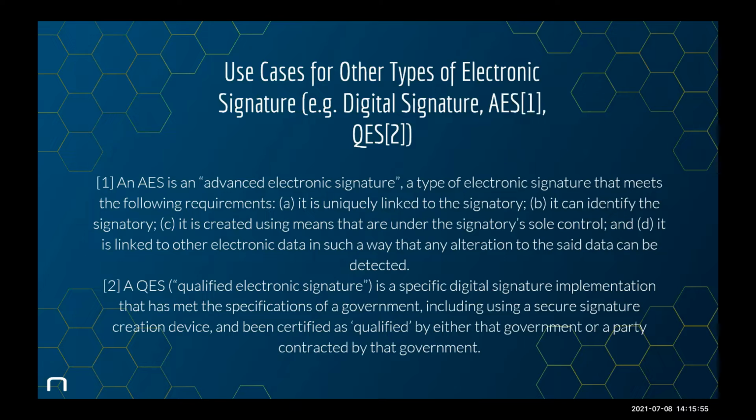Now, a qualified electronic signature is a special digital signature implementation that has met specifications of a government, including using a secure signature creation device and being certified as qualified by either that government or a party contracted by that government. Okay.